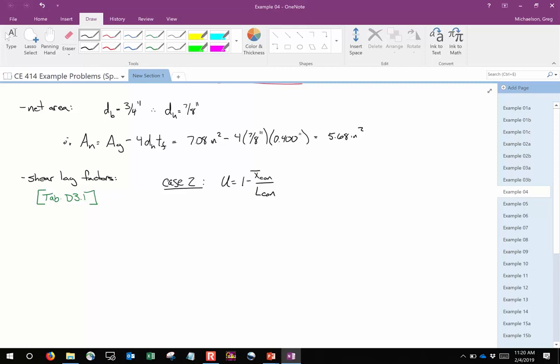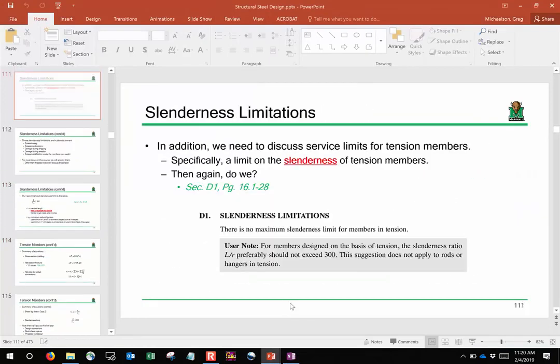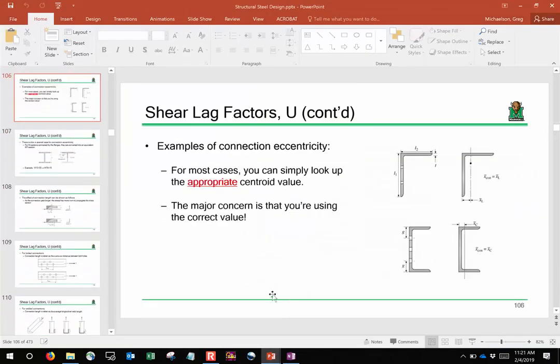There we go. So we have the X bar for a W8 by 24. And so what we need is the Y bar for a WT what? Y'all remember this? 4 by 12. So what is the Y bar for a WT 4 by 12? Remember this?